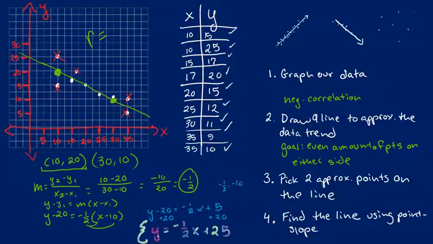Since I have a good number of data points that lie very close to the line, I'm going to say that my correlation coefficient is going to be closer to negative 1 than it is to negative 1/2, and it's negative because it is a negative correlation. If it was negative 1/2, that means you would have points that are a little bit further from the line and are starting to become a little bit more sporadic.